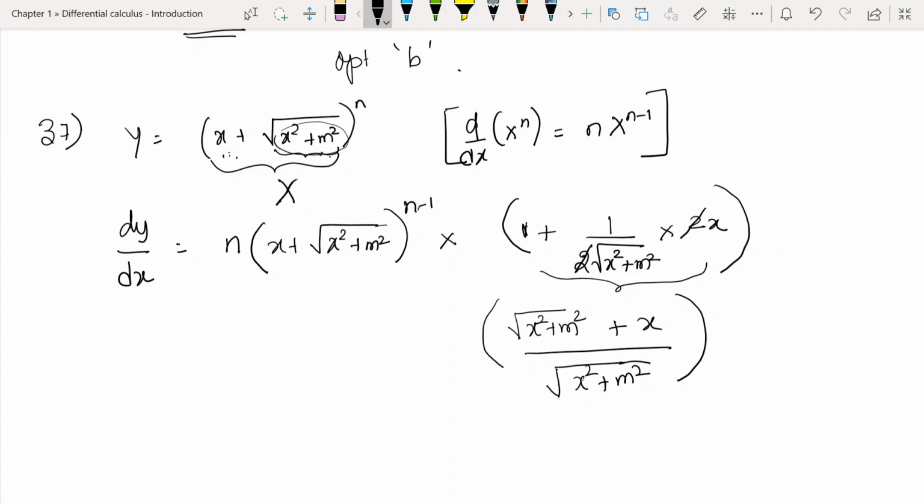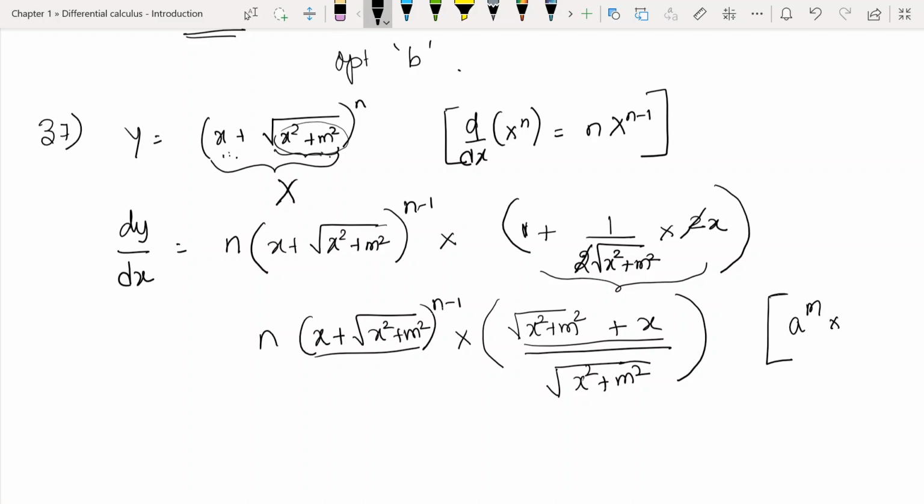Close the bracket. Okay. So into n into x plus root of x square plus m square whole power n minus 1. Now look at this term and look at this term. Aren't they the same? So what is the property of indices we have learned? A power m into a power n, when the base is same, powers can be added: a power m plus n.